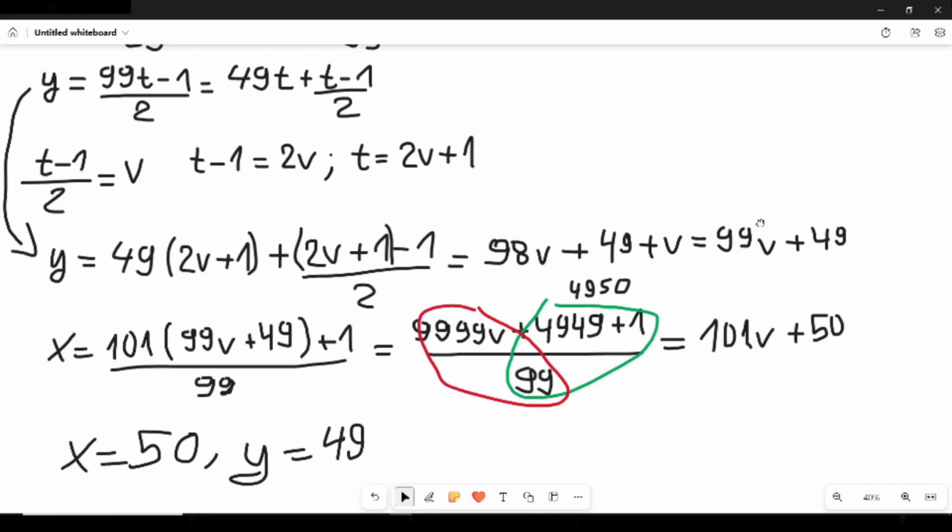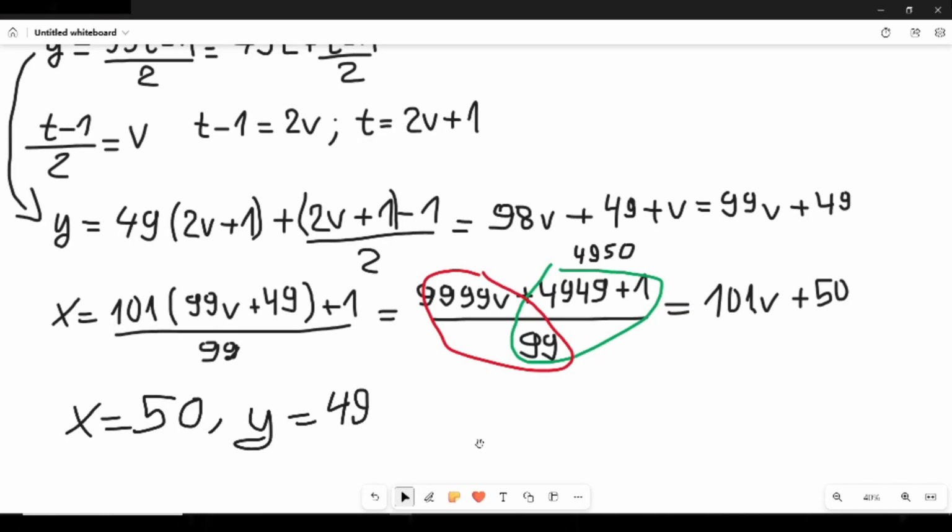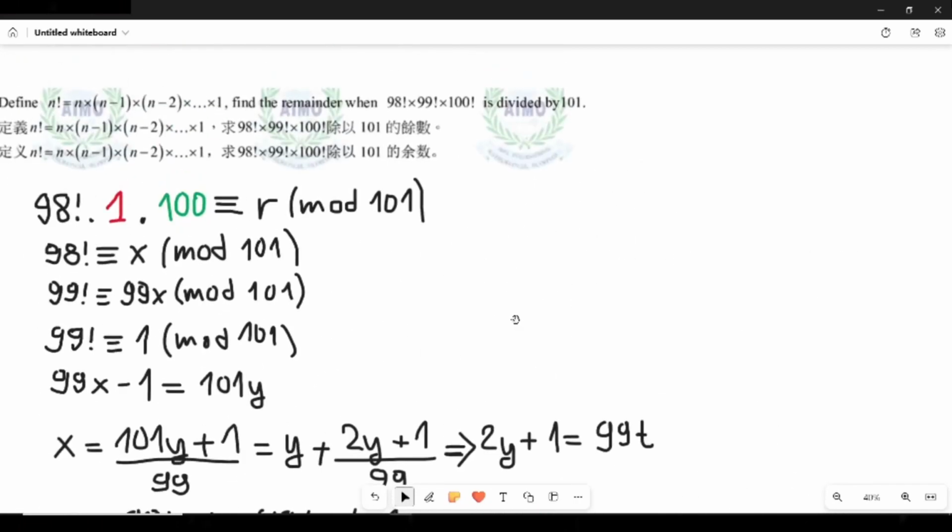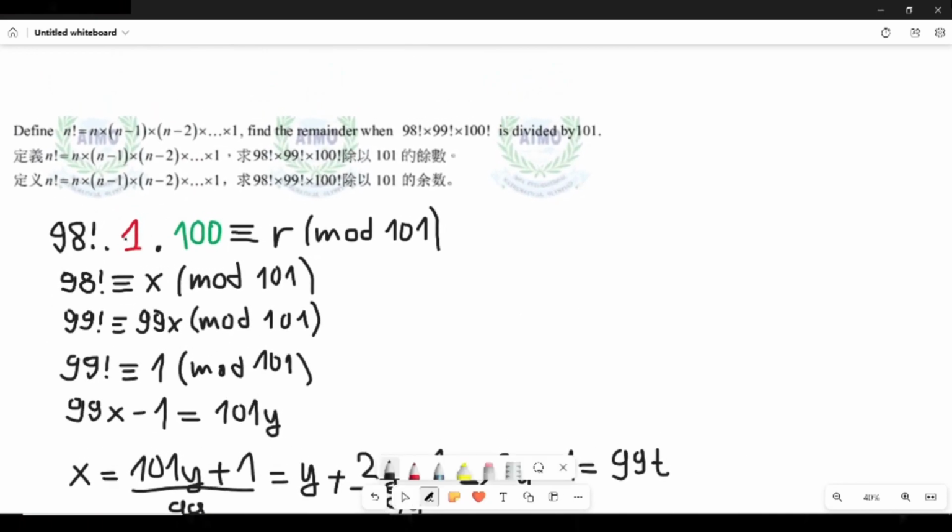When you apply that, v is a real number and it can be 0. And when we go above in the statement, you can write an arrow and say that 98 factorial divided by 101 has a remainder of 50.